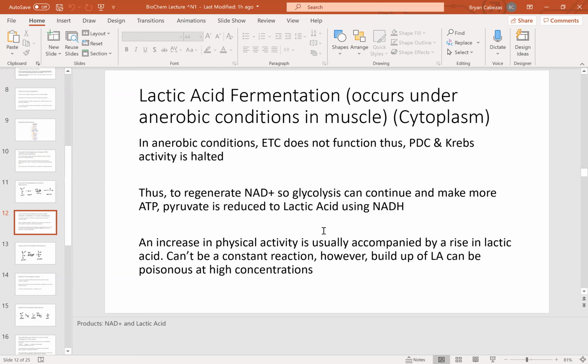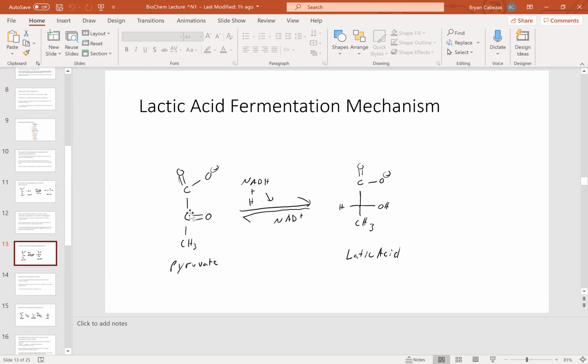Okay, so let's say we continue with our conversation with lactic acid fermentation. So this would be the mechanism. We have our pyruvate, the product from glycolysis. We're going to have the NADH that was also another product from our glycolysis. We're going to take the hydrogen that's on our NADH and the hydrogen that's free floating, and we're going to reduce.